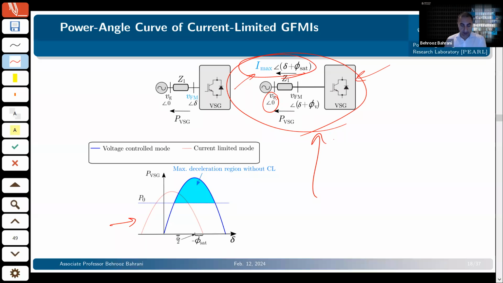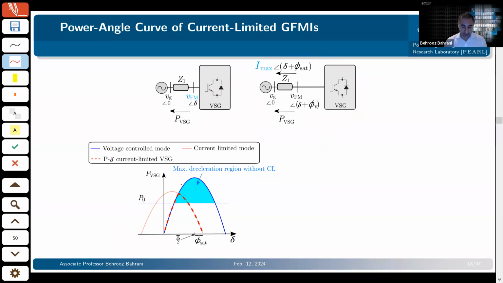Now, when you look at the two, your current limitation is happening here. That means this dashed line will be the P-delta curve of a current limited VSG. Up to this point, I'm still in the voltage control. And after this point, I go to the current control, and this will be my curve.